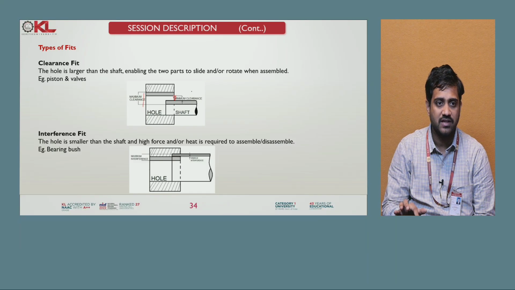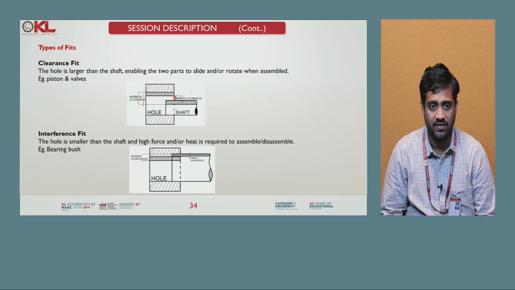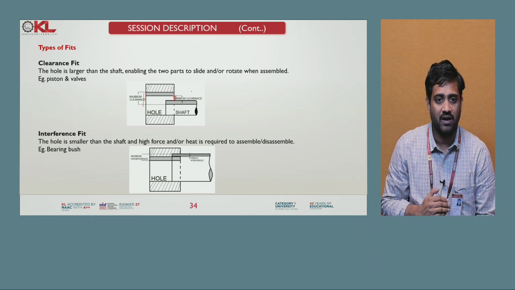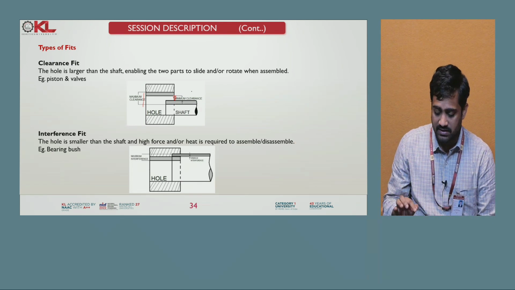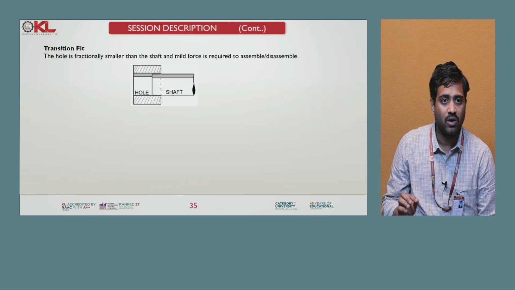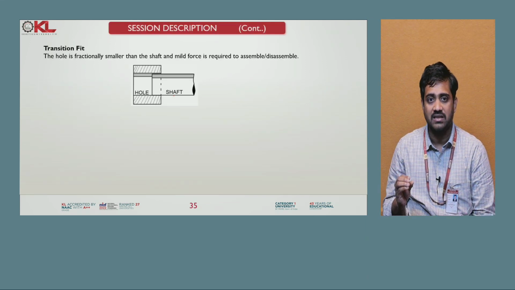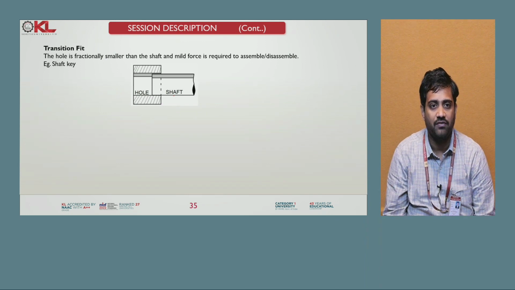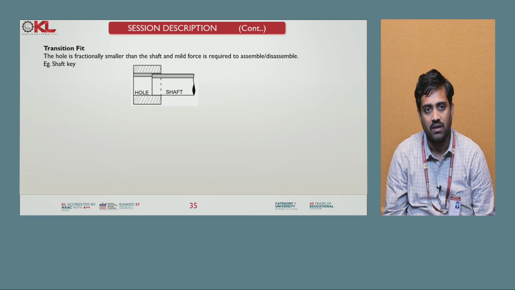Let me tell you the difference between interference and transition fits. In interference fits also the hole is smaller than the shaft, but high force or heat is required to assemble or disassemble, and here in transition fit the hole is fractionally smaller than the shaft and only mild force is required. The examples are shaft and key.